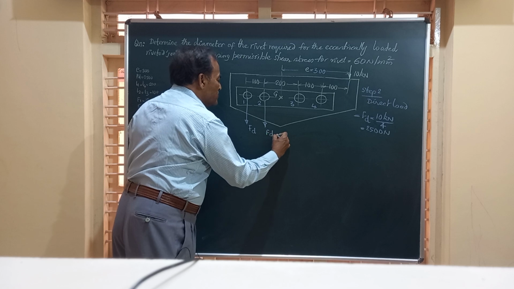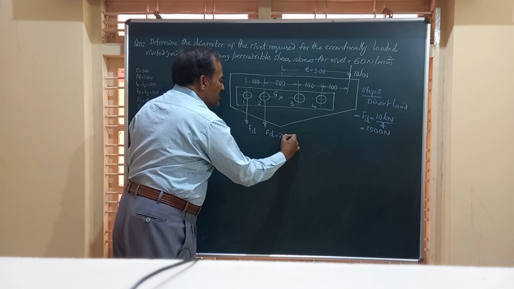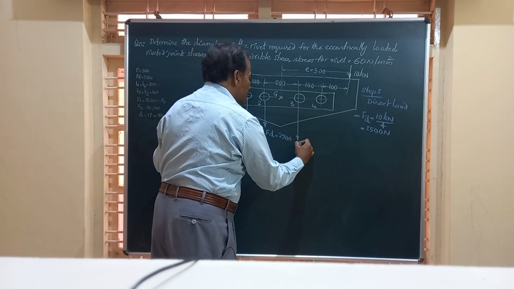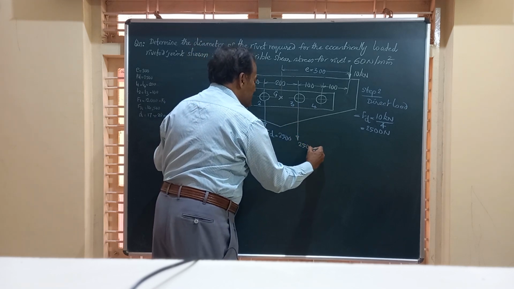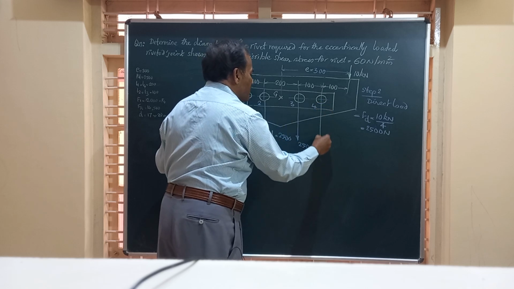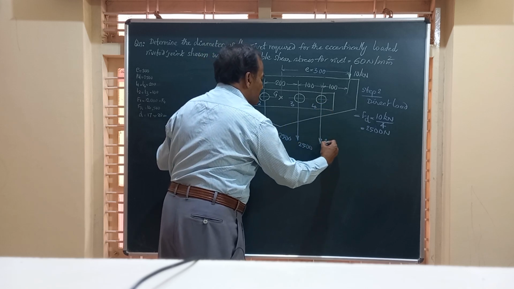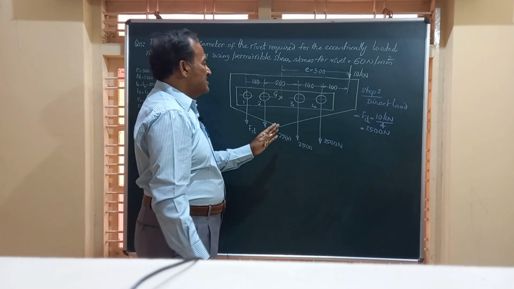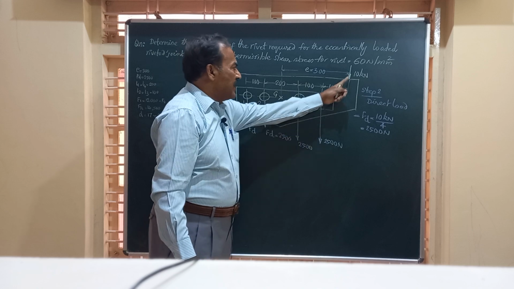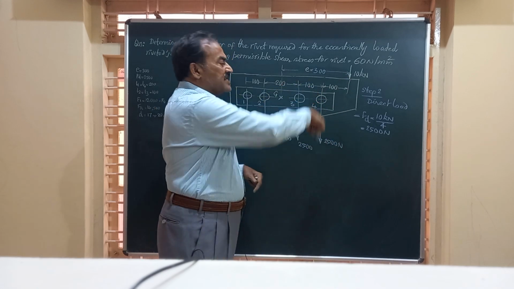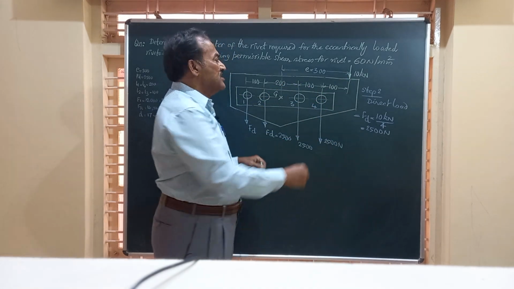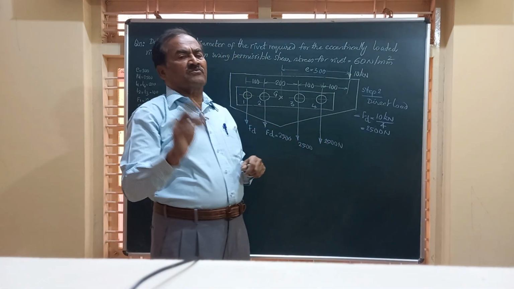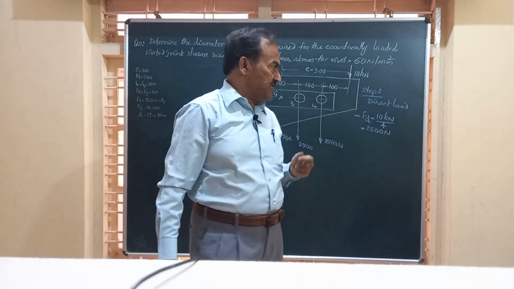Each is equal to 2500 Newton. Similarly at rivet number 3 it is 2500 Newton, and at rivet number 4 it is 2500 Newton. So this is how the load acts. FD acts parallel to the applied load and in its direction, meaning downward, at the center of each rivet.